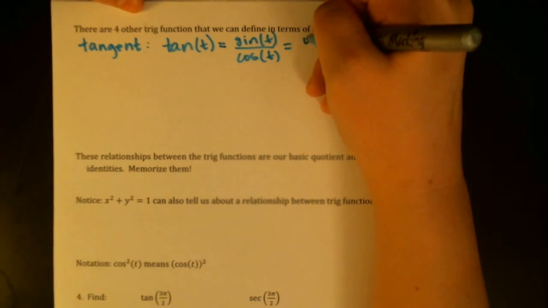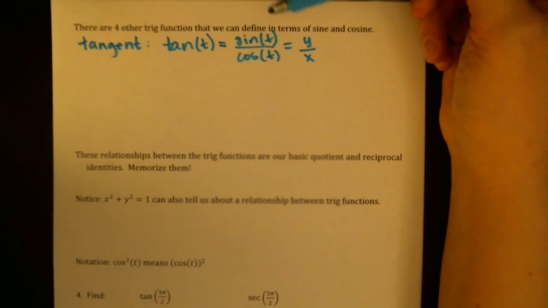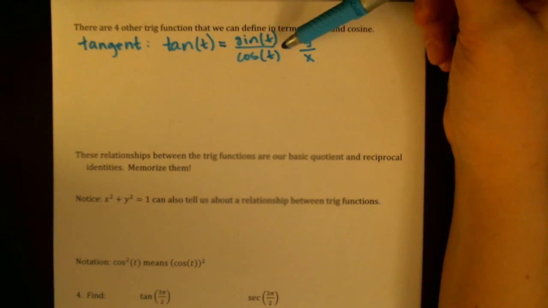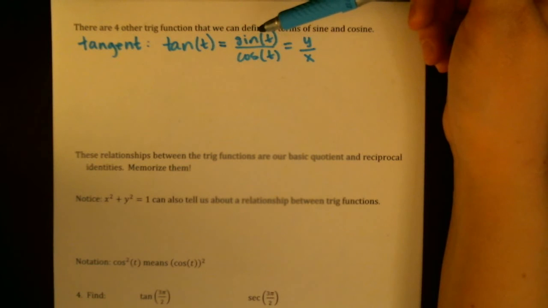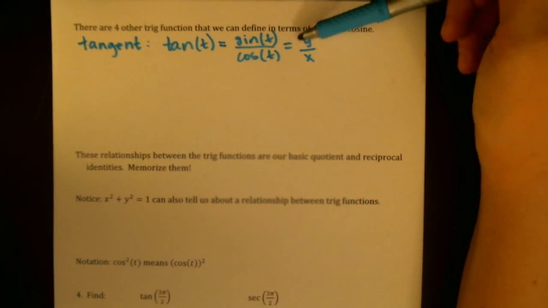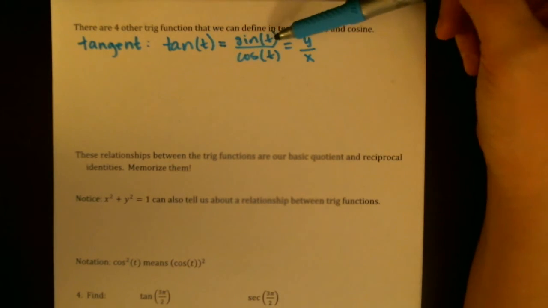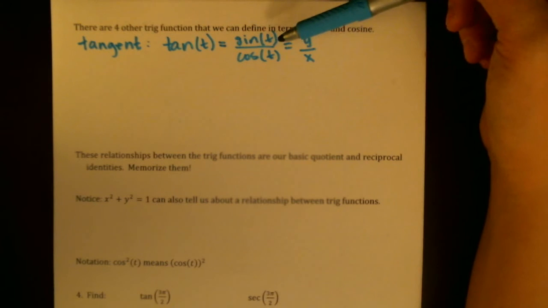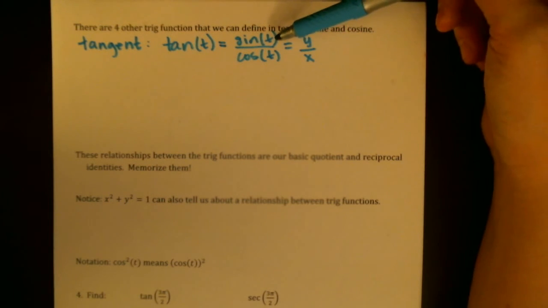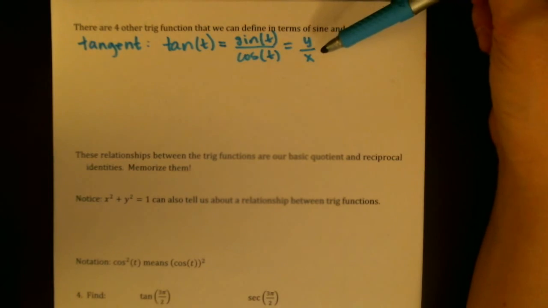So it is okay to think about this as y over x, but I'll just say later on, when we decide to restrict our thinking to right triangles that don't necessarily have a hypotenuse of 1, the y over x thinking won't work for us anymore. We will have to think sine over cosine. So my advice is to memorize the sine over cosine, and then if you're understanding that sine is y and cosine is x, it should be really easy to transfer directly over to this y over x.